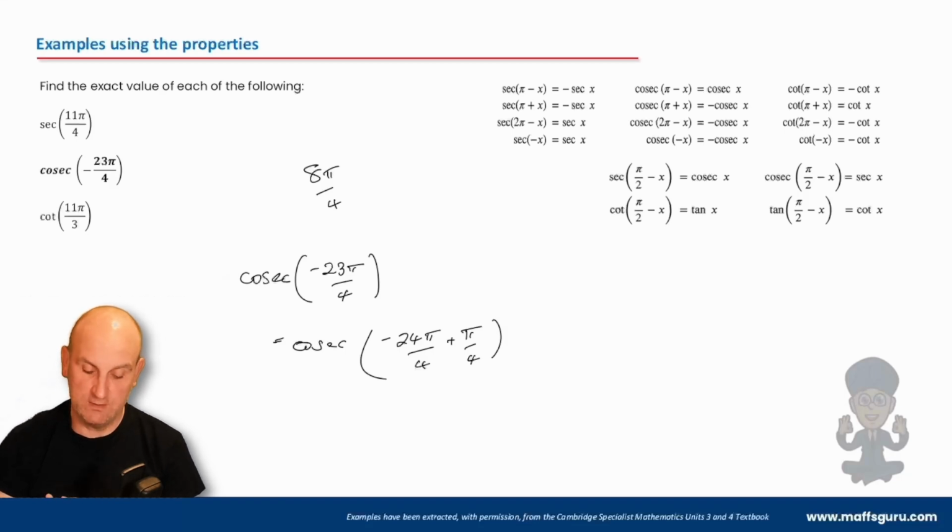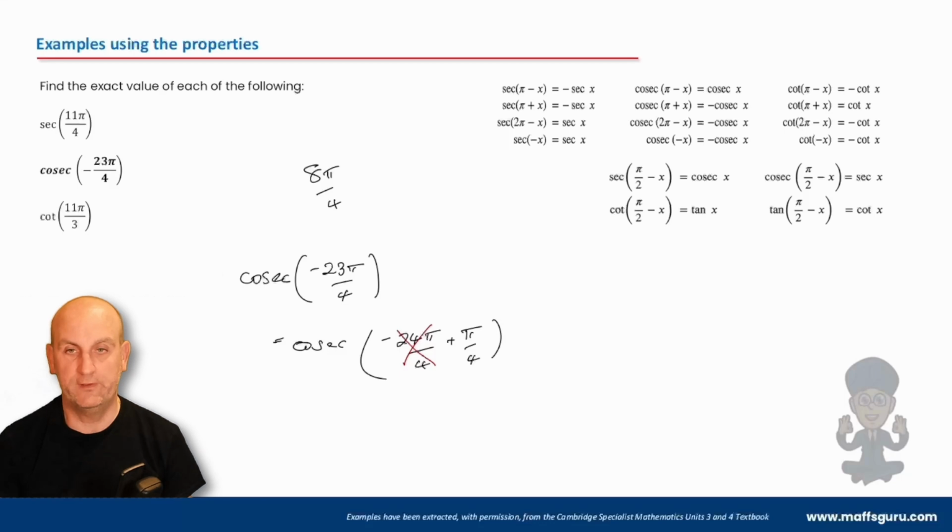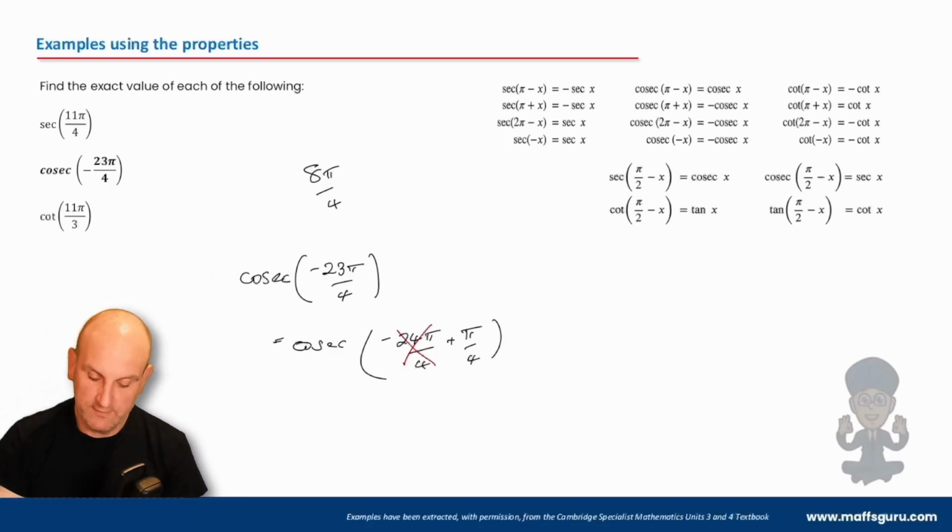That minus 24 pi on 4 is a multiple of 2 pi, so that's no good to me. Therefore, that's equal to the cosec of pi on 4.